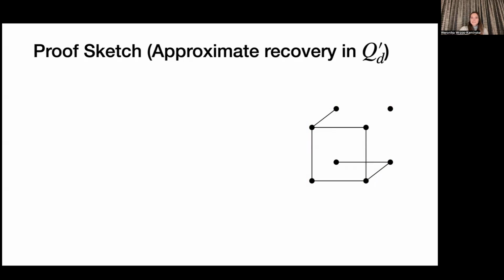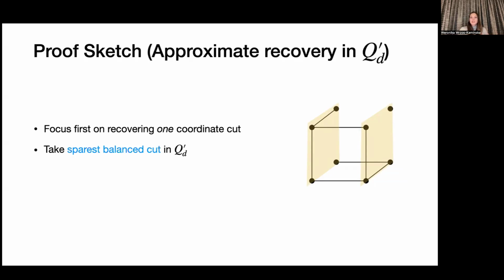Let's start by understanding how to recover one single coordinate cut. And then we will later see how the same ideas can easily be extended to recover all of the coordinate cuts simultaneously. If I just want to recover one coordinate cut, then the most obvious thing I can do is to just take the sparsest balanced cut, where by balanced, I mean that it puts the same number of vertices on one side of the cut and on the other side.